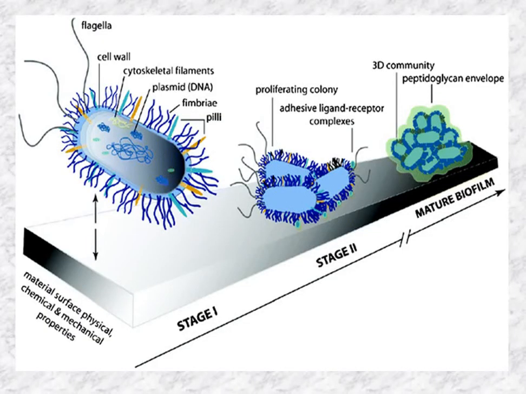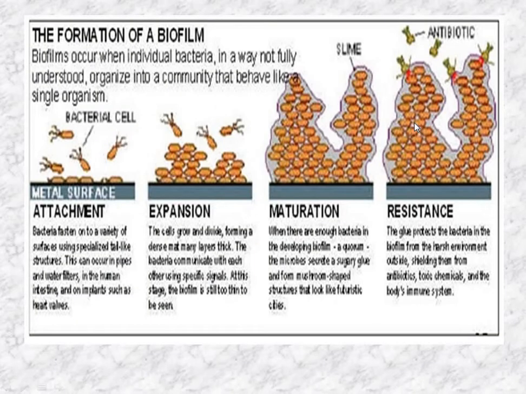This is a figure that shows a biofilm. This is a bacterial cell. It attaches to a surface, increases in number, or many other cells come and attach at the same site, and together all these cells are covered by glycocalyx, so that makes a biofilm. This is another figure of a biofilm.